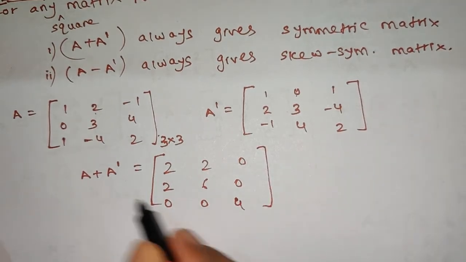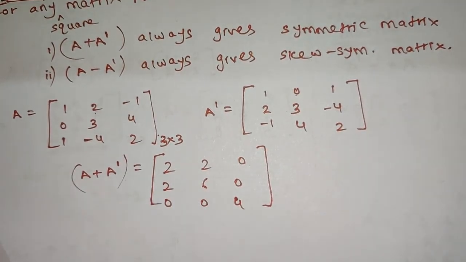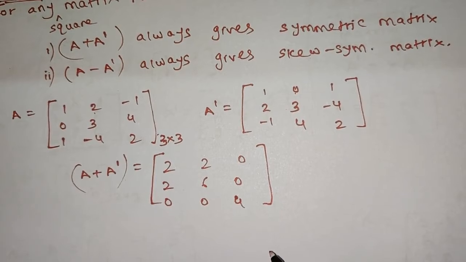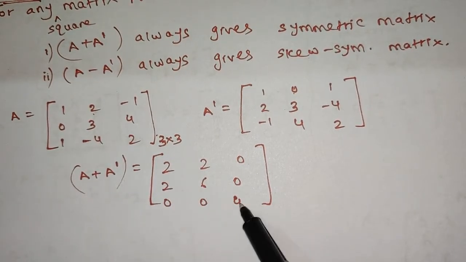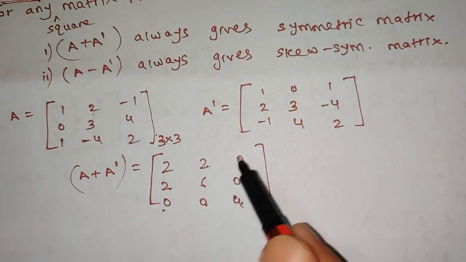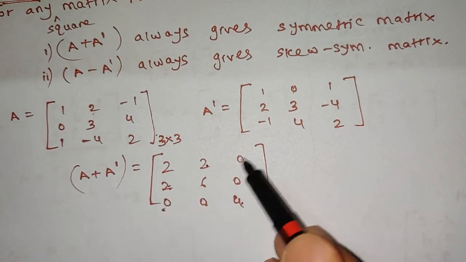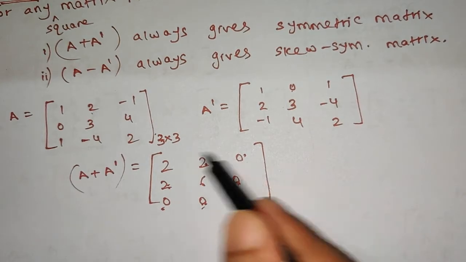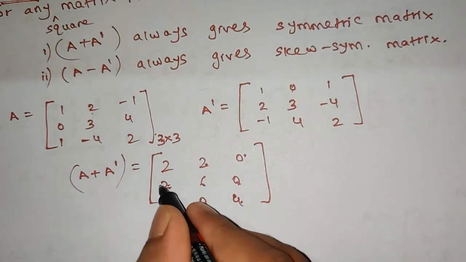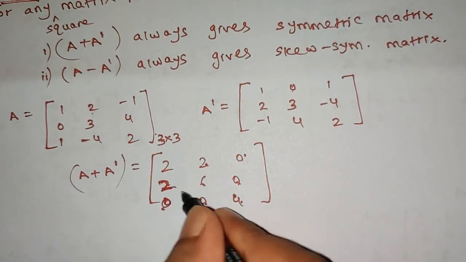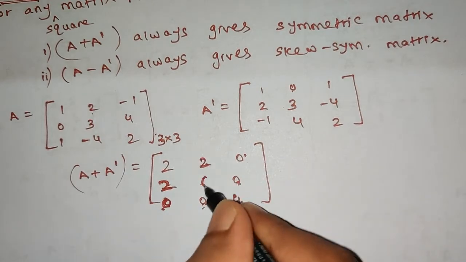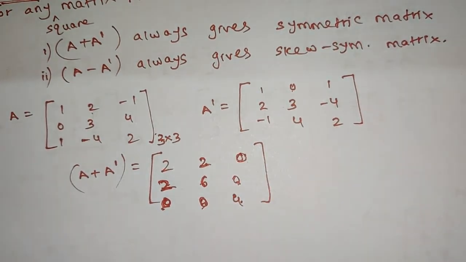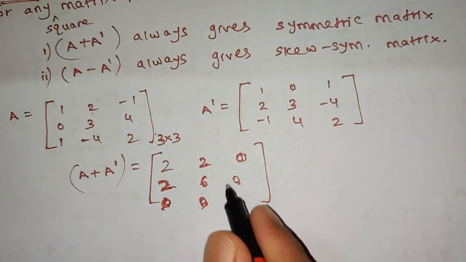As you already know, a symmetric matrix looks like A H G, H B F, G F C, so these elements and these elements should always be the same, so that whenever I transpose this matrix, I get the same matrix again.